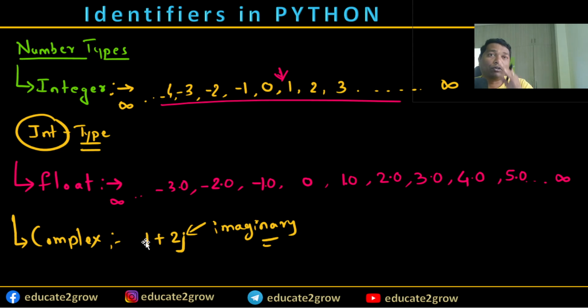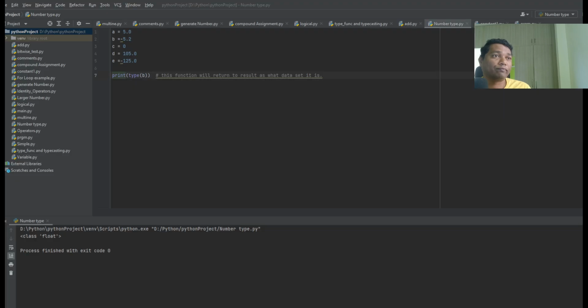Let's go to the programming window and see how exactly it works. So now I'm going to type here j. Okay, so I'm going to write here a. Let's see what exactly it will give.